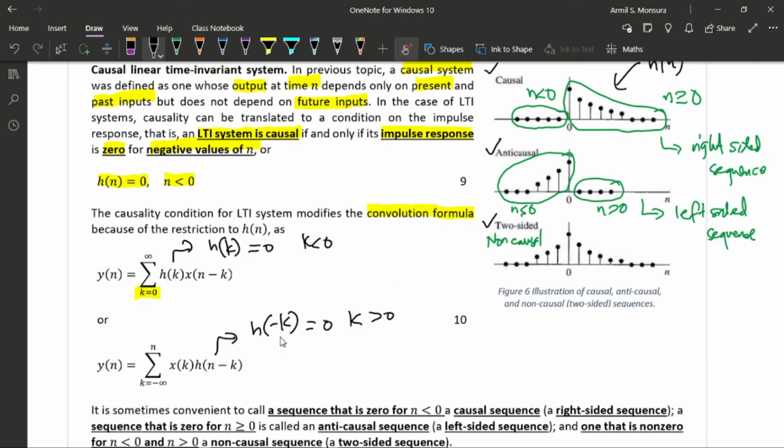So when you shift this, your h[n-k] is non-zero for negative values of k until the amount of shift, until where the shift of the convolution is.